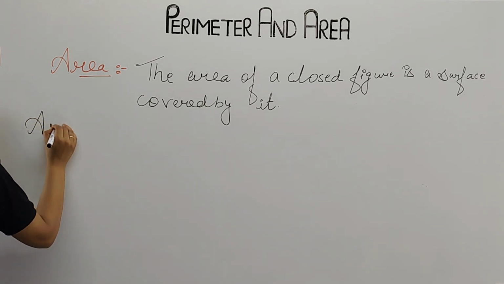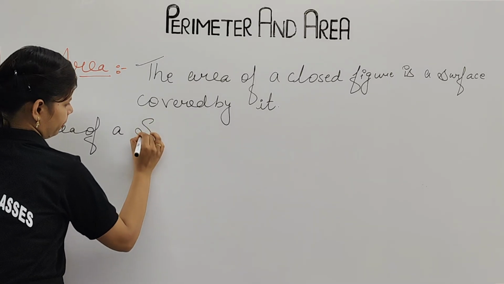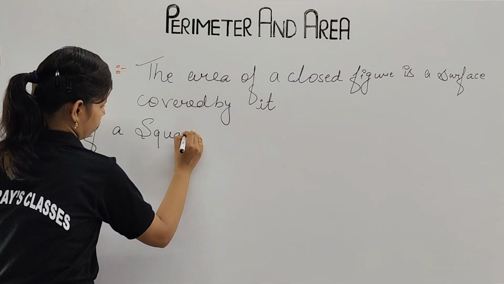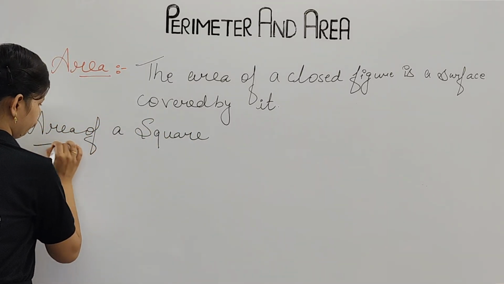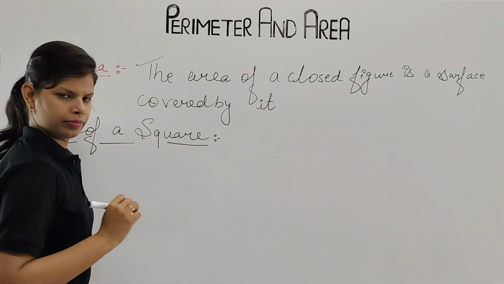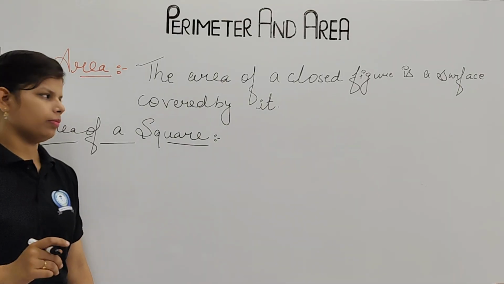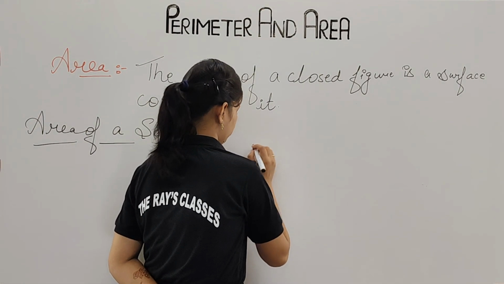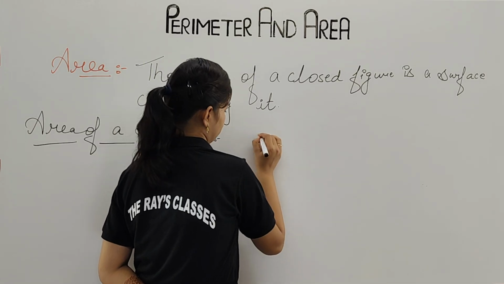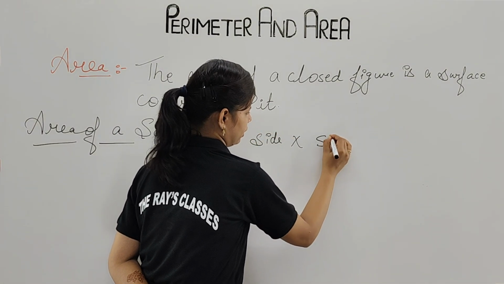Formula: area of a square. Clear? Your first will be area of a square. You already know very well the shape of a square. So first of all, area of square is what? This formula is side into side.